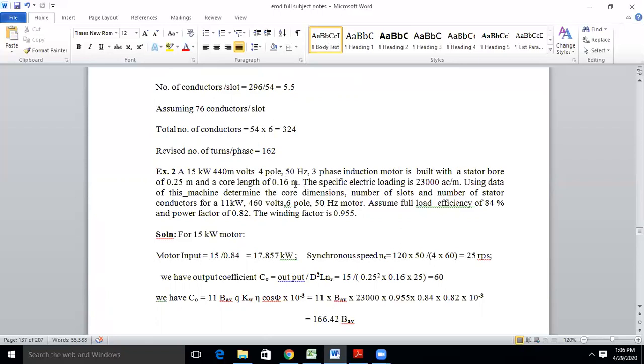The specific electric loading is 23,000 ampere conductors per meter. Using data of this machine, determine the core dimensions. Core dimensions we need to calculate.